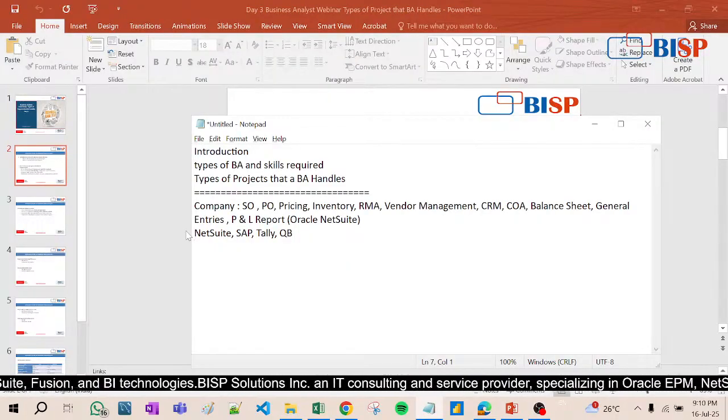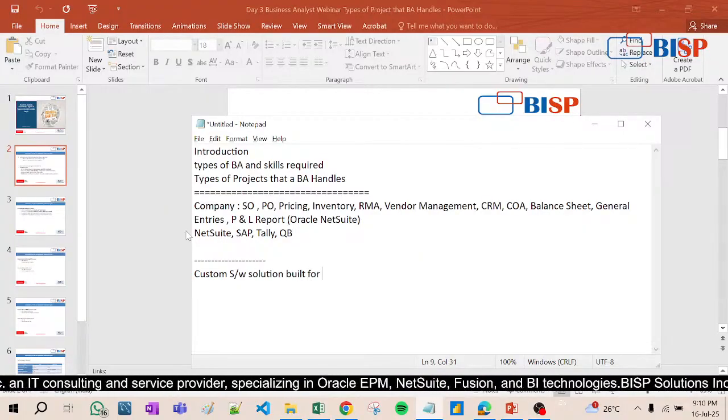It's a custom software solution built for a specific problem or product, like school management system, banking website, college management system, food delivery app. These are called traditional software projects.